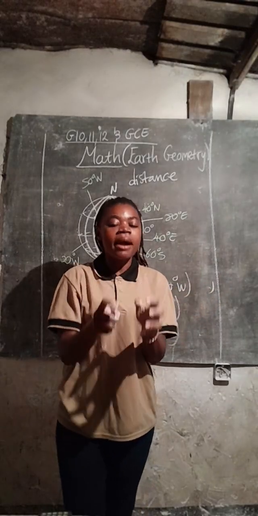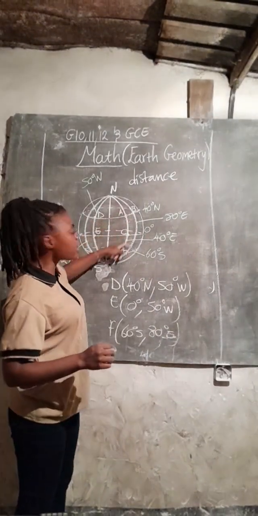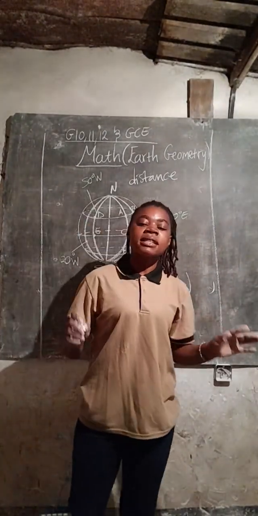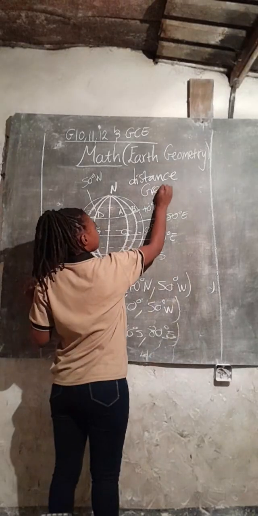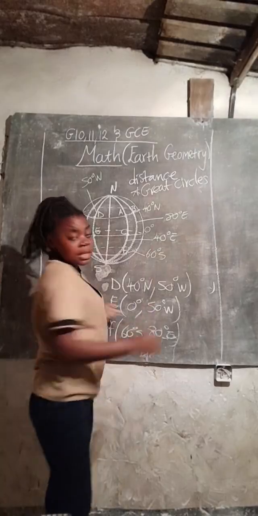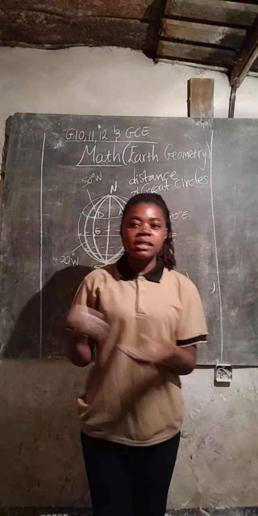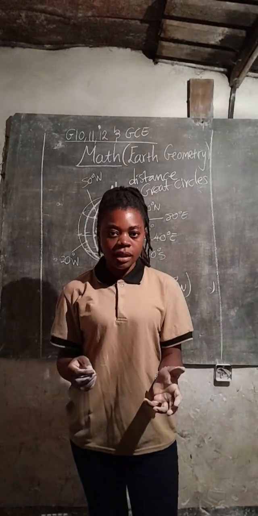So now, if we are having points that are sitting on the same line of longitude, what we are calculating is distance along the great circles. So in the exam, mostly they will not tell you to say calculate distance along the great circles. Sometimes they will say, sometimes they will not.